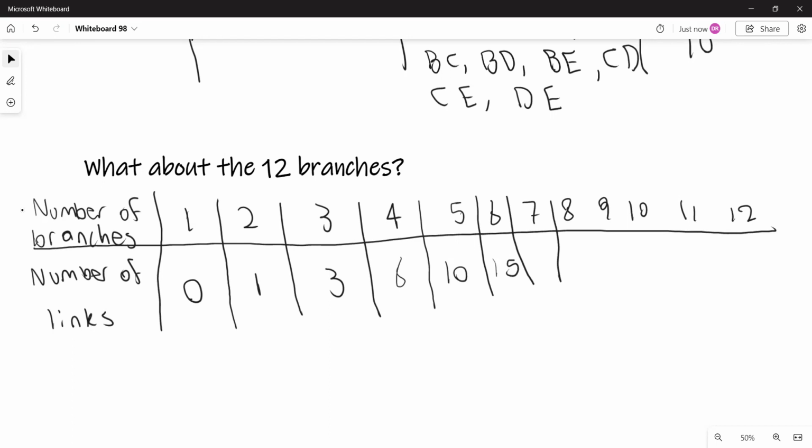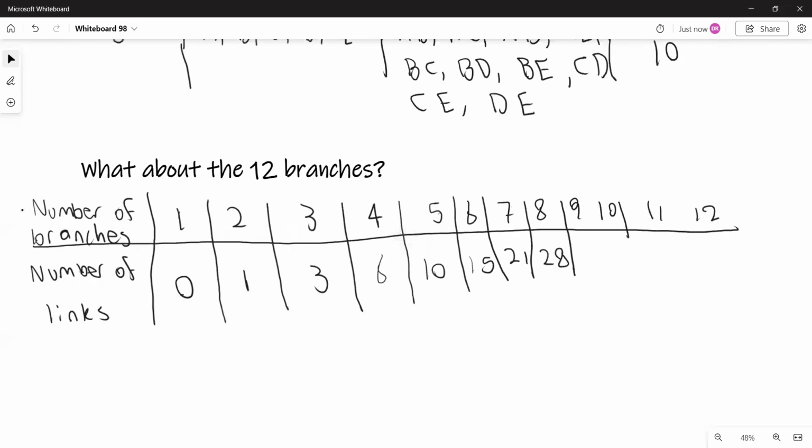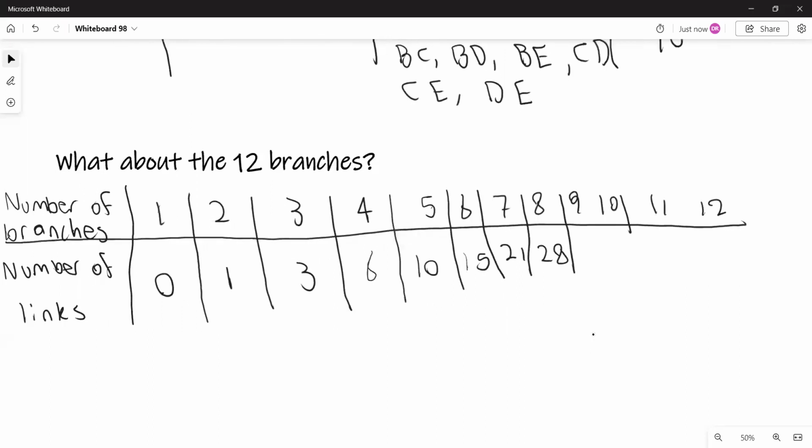Then 6 plus 15 is 21. 7 plus 21 is 28. 8 plus 28 is 36. 9 plus 36 is 45. Then 10 plus 45 is 55. And 11 plus 55 is 66.